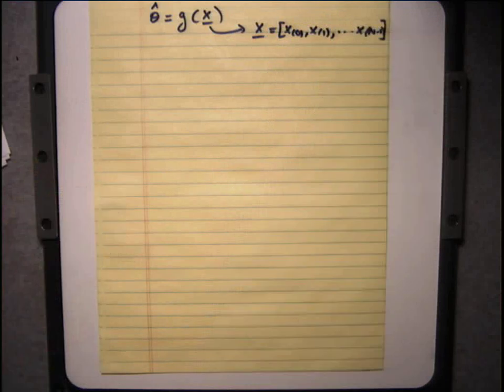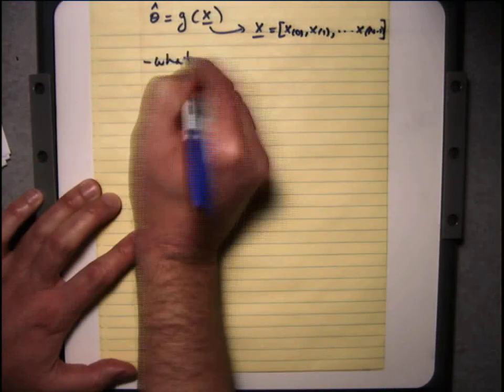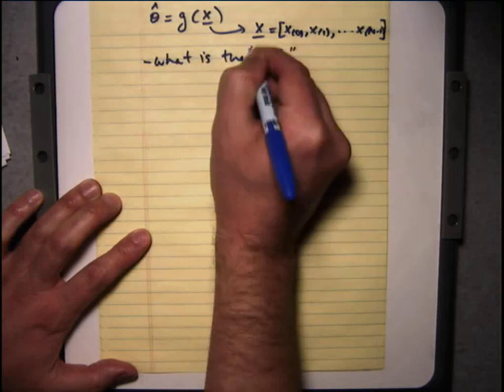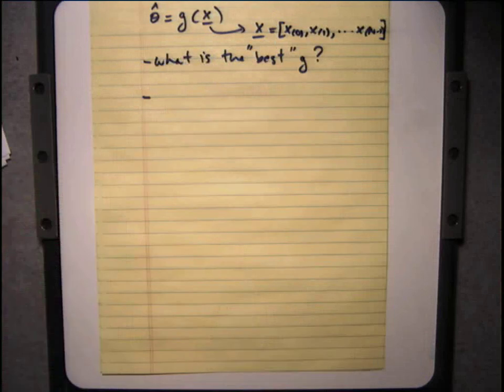Okay. So now that I have this formulation, I can ask what is the best choice for G? What is the best, and I'm going to put this in quotes. The reason I'm going to put it in quotes is because I haven't defined what I mean by best yet.